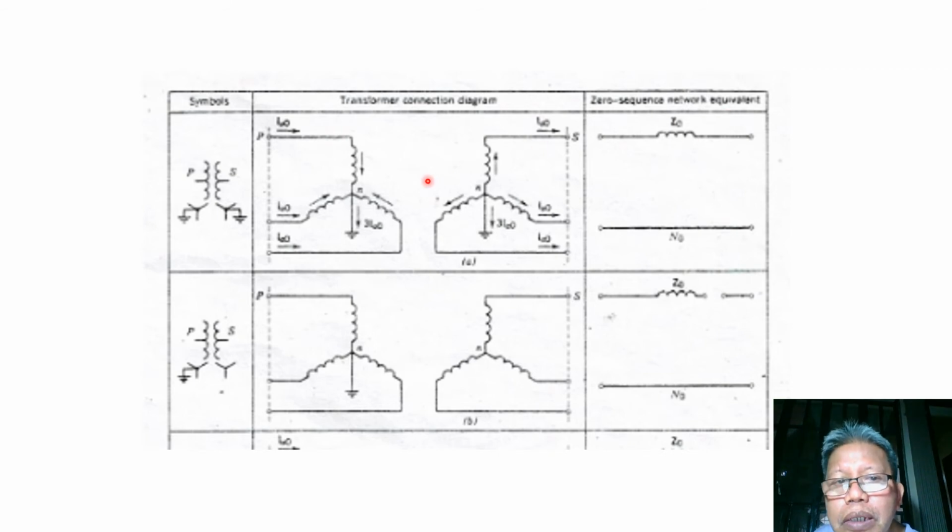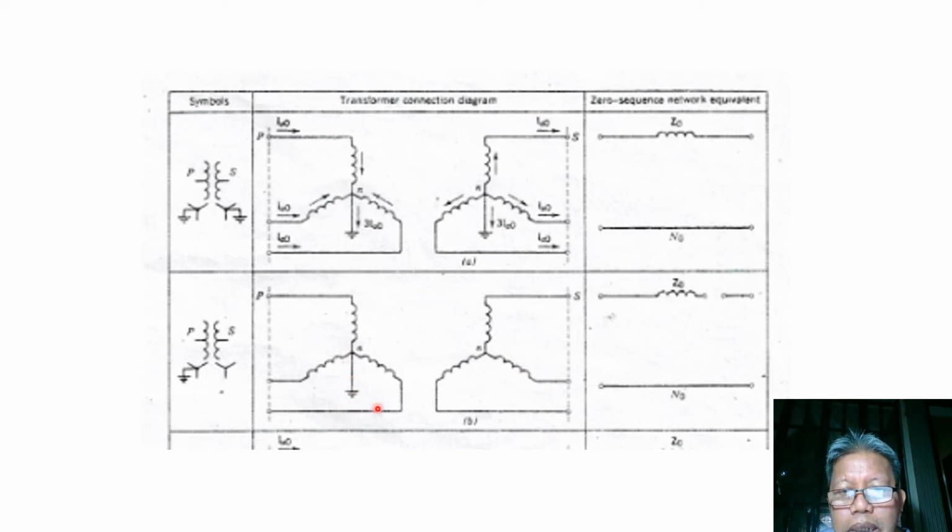So the zero sequence current at the primary passes through towards the secondary. If you have here I_E0 at the primary, it can just pass through to the secondary terminals because of this grounding.